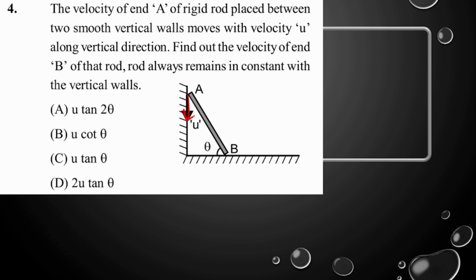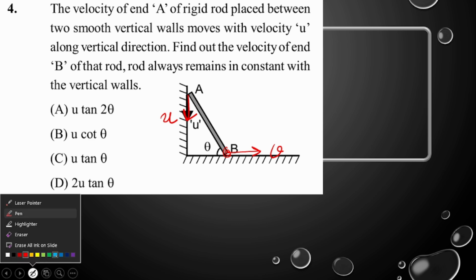Let us say this is the velocity u, and this is the velocity of point B, that is v. Now taking the components, first of all put the coordinate system over here.